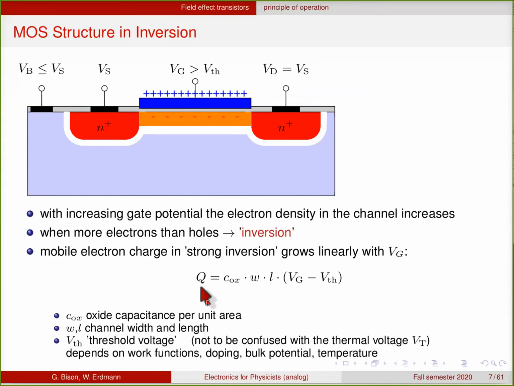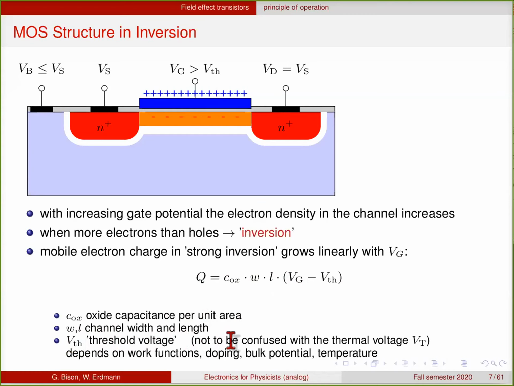gate voltage. According to this, the total charge can be expressed in terms of the capacitance per unit area of this structure multiplied by width and length of the gate, and the difference between the gate voltage and the threshold voltage. The threshold voltage, which is sometimes also written as just VT, I'll call VTH here, for threshold, because it should not be confused with the thermal voltage VT.